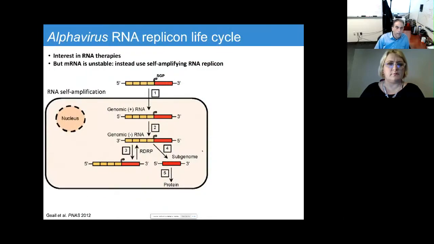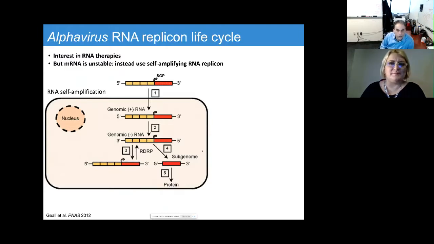Okay, and so in order to do that, one of our favorite tools is using RNA therapy. And so RNA therapy, as everyone knows, is now maybe the hope for rescuing the world in a timely fashion from the coronavirus, right?